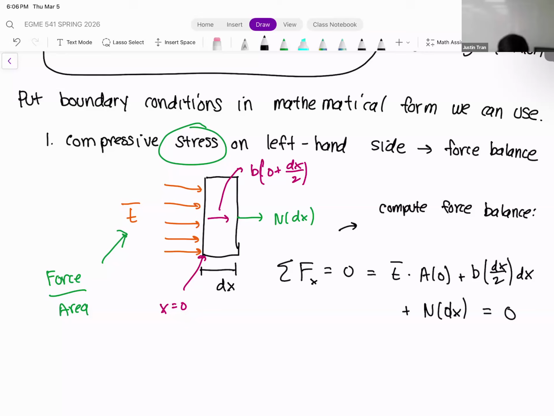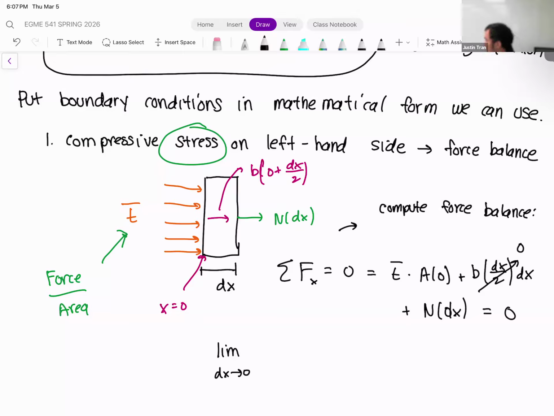So first thing we're going to do is take the limit as dx approaches 0, because essentially we're taking this as the boundary condition, so that's going to be right at the edge there.